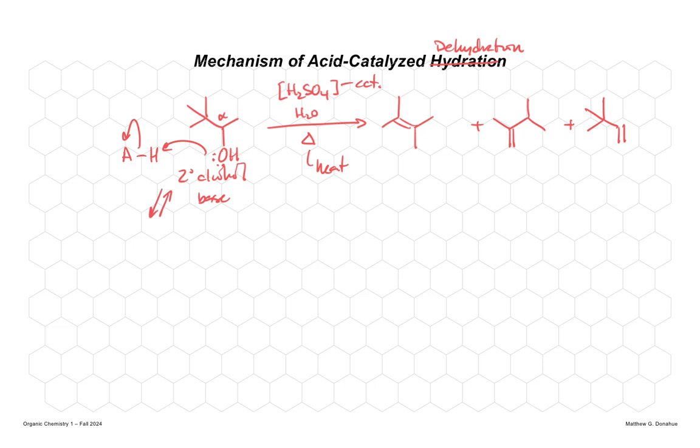So we protonate and this generates the oxonium ion. And then we balance the charge with now the conjugate base of sulfuric acid. So the charges are balanced. The OH is now transformed into a good leaving group, so it will ionize to form water.